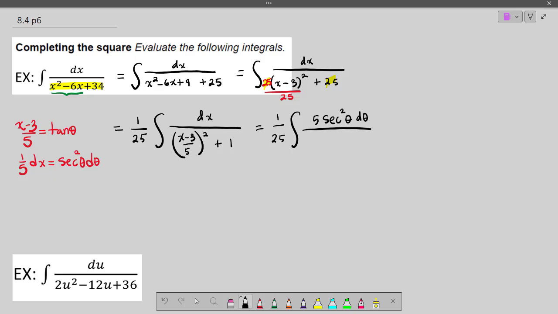Down below we get tan squared plus 1. And what is tan squared plus 1? Secant squared. So these two cancel, secant squared and this whole denominator. The denominator becomes 1, since tan squared plus 1 is secant squared. So that all cancels, and the simplified integral is going to be, with the 5 factored out to the front, 1/5 integral of d theta.